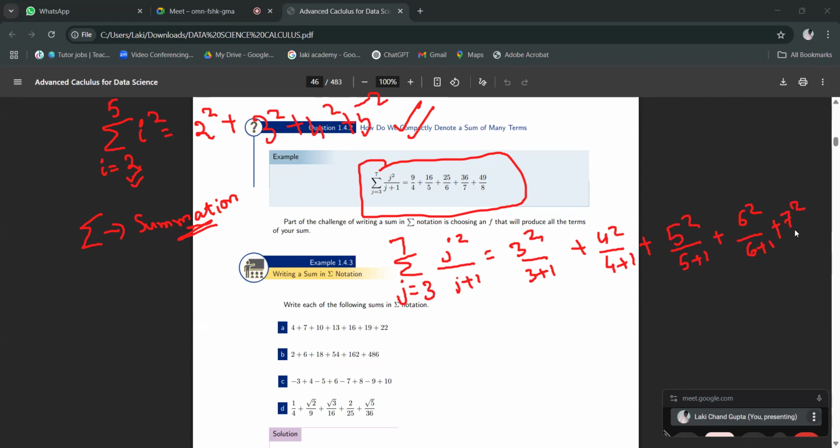And last is 7. Why? Because 7 is the upper limit. So you have to put the value of j from 3 to 7. 3 square is 9, this is a series, right? 25, 36. You can see here.